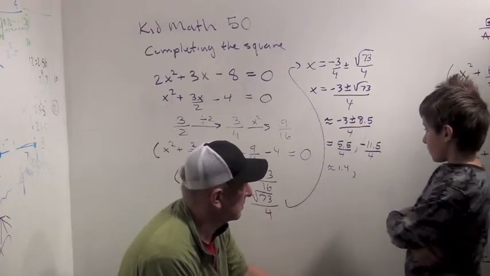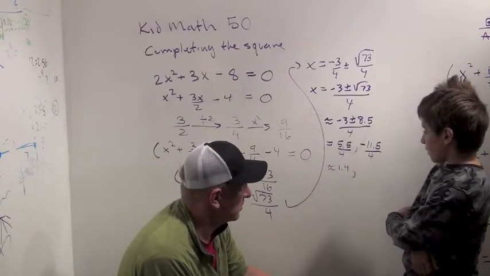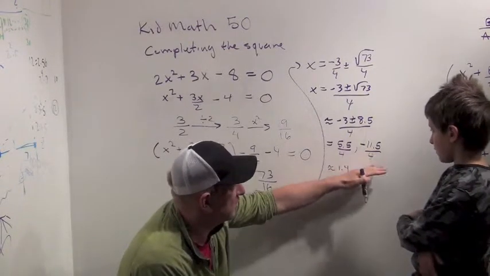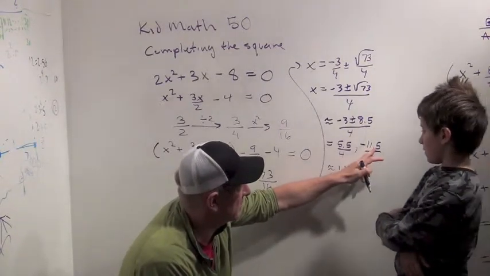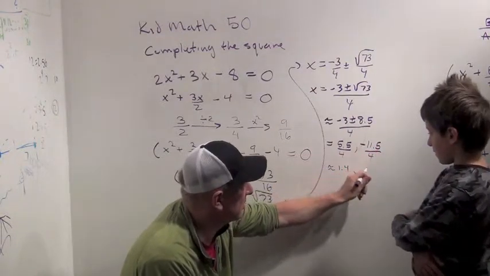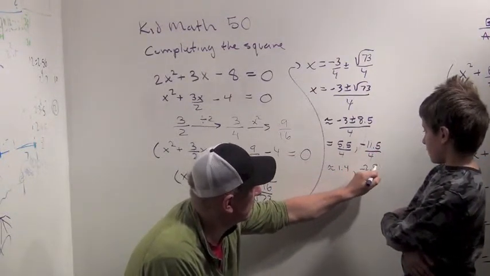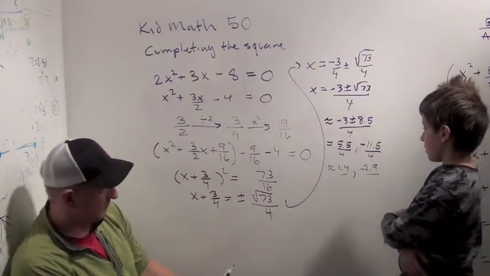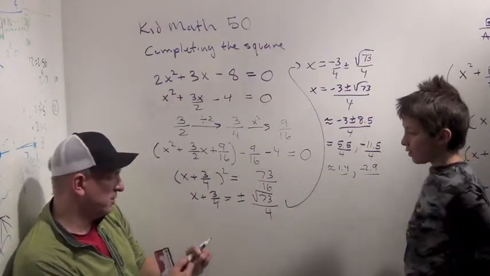Well, minus 12 over 4, that's negative 3. So this is a little bit less than negative 3, so maybe it's 0.5 less, so let's call it negative 2.9, about. Okay, so there we go. We get two solutions that look like that. Pretty cool, right?